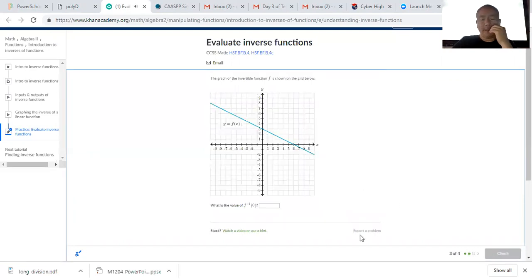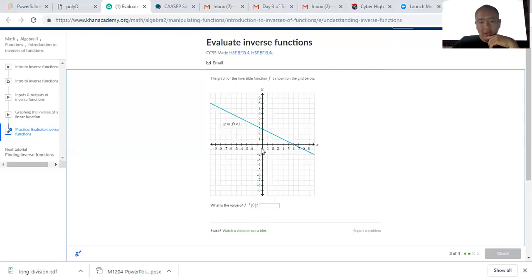All right, the next one, so you see how there's the f of -1. The 0 is the y value. So if this is the y value, what is the x value? The y value is 0. What is the x value?